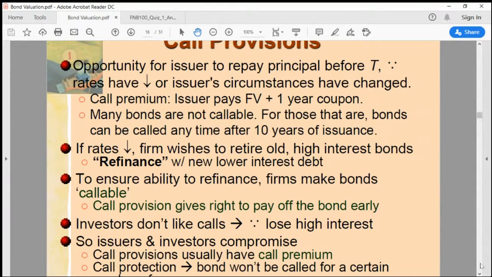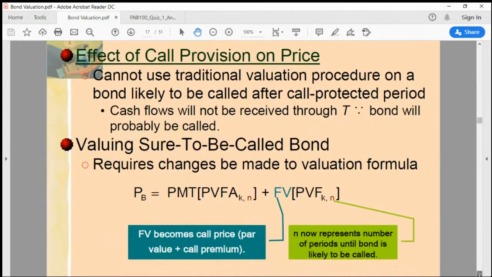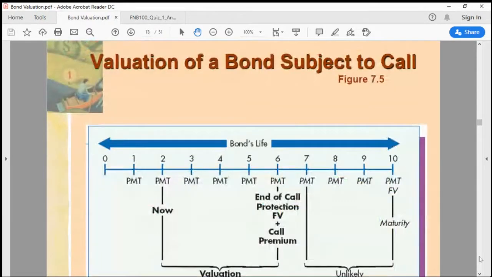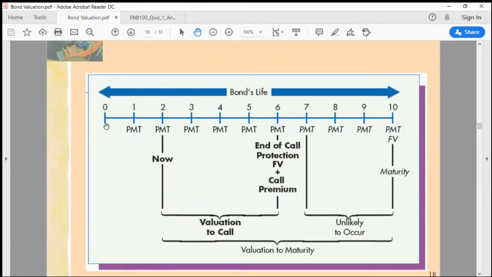Okay, now let's take a look at this example. If that's the case, how do we value a callable bond? Let's take a look at this timeline. The bond has a 10-year maturity, the bond's life is 10 years.